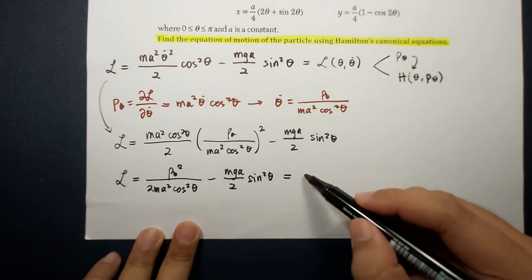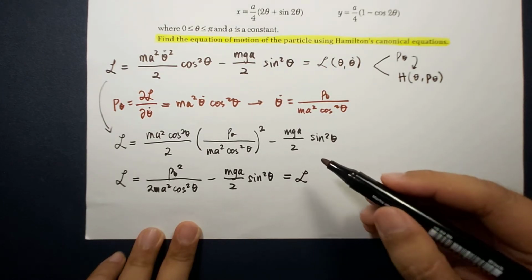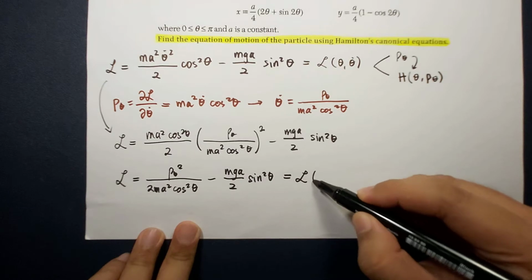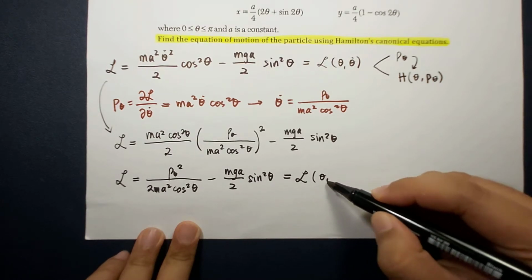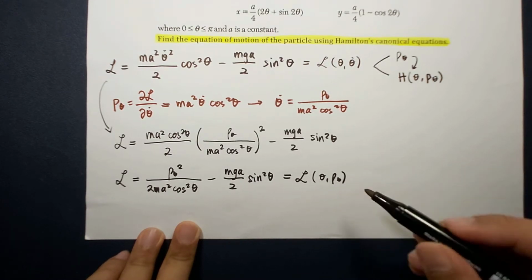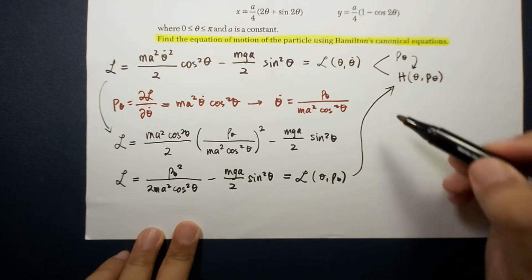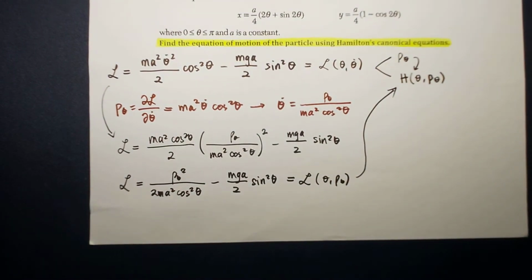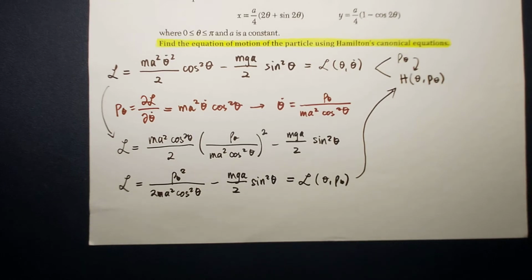So here we were able to express the Lagrangian in terms of theta and p theta, which we need to use to determine the Hamiltonian of the system.